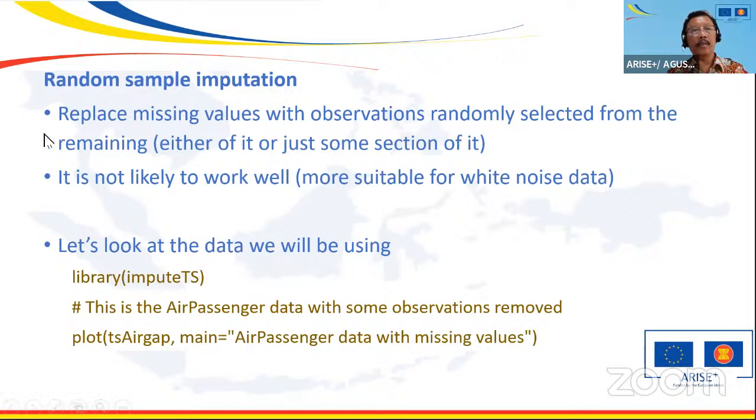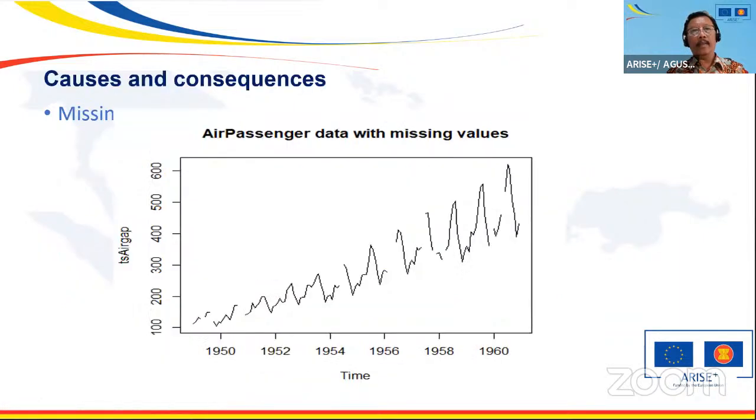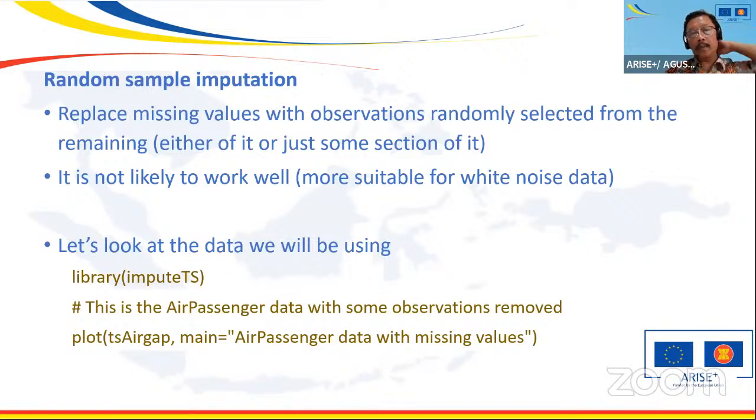We need to install this library to use imputeTS. But if you have installed it, just load it like this. Here, I have to inform you first if you use that script, we are using the air passenger data.